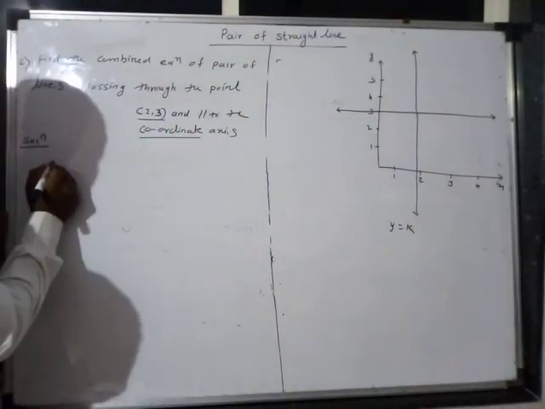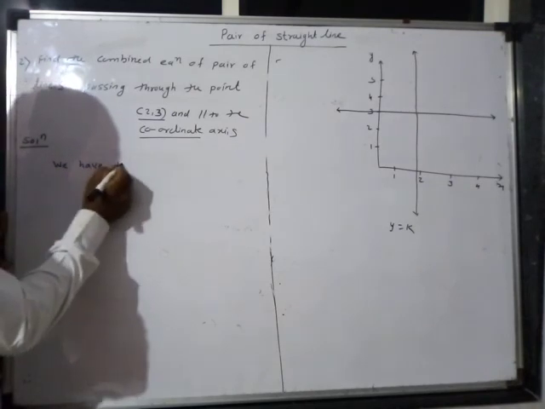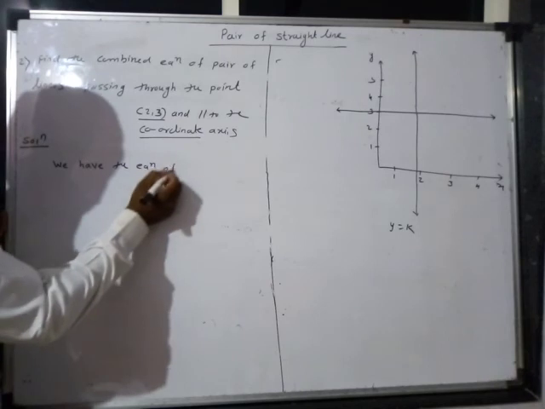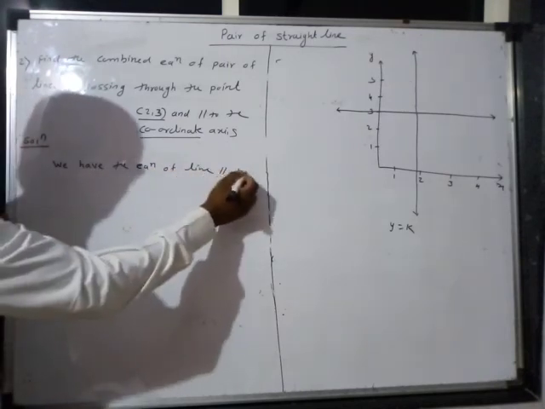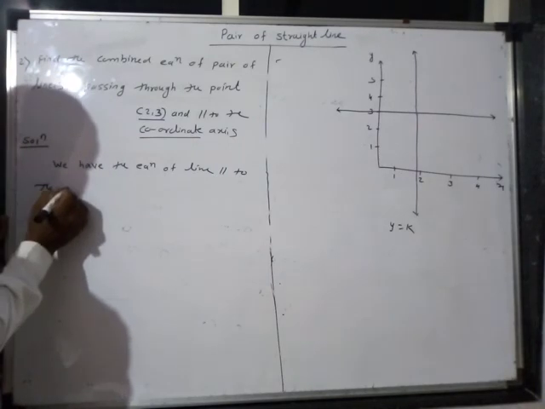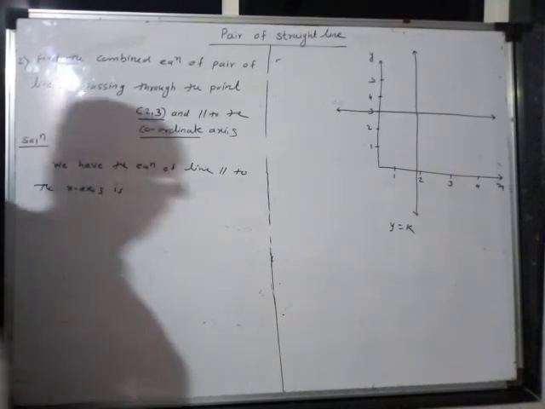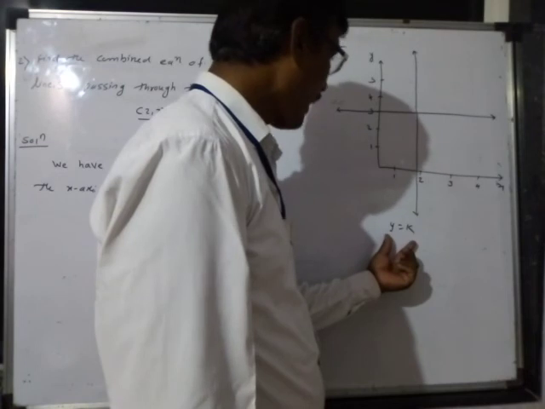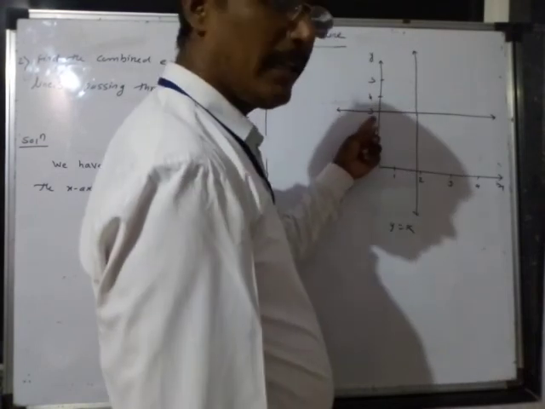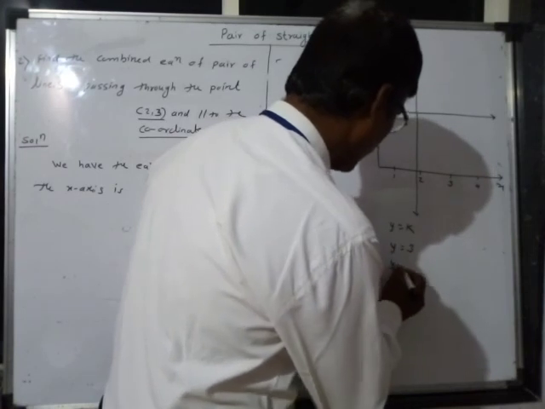So solution, then we have the equation of line parallel to the x-axis is, x-axis ला पॅरलल असणाऱ्या लाईनचे इक्वेशन असतं काय असतं, y is equal to k. तर इथं k ची किंमत किती आहे, 3 आहे, म्हणून y is equal to 3, means the equation is y minus 3 is equal to 0.